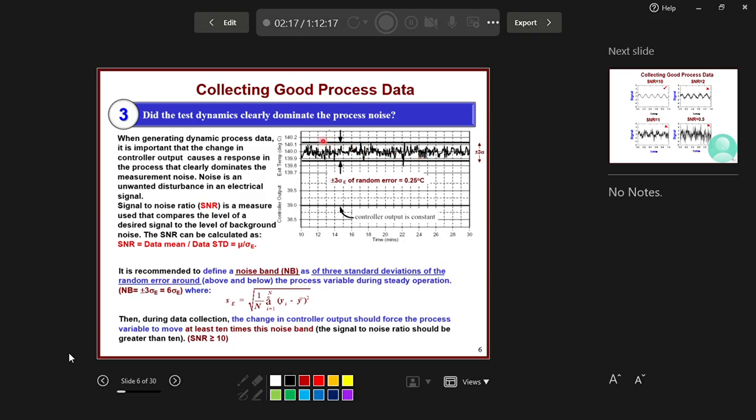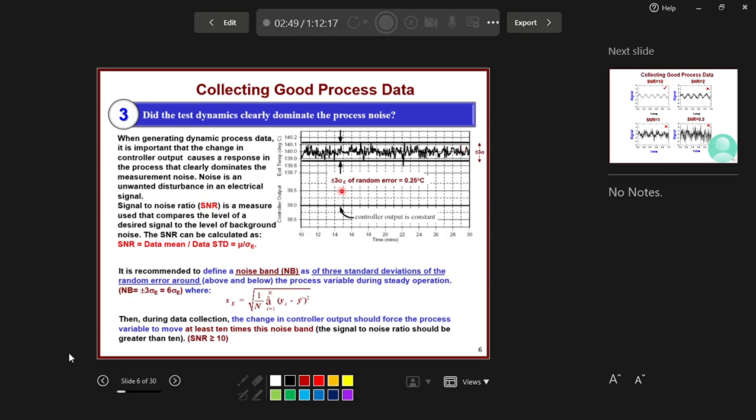So we define an upper limit and a lower limit. The signal in between is called the noise band. And this is defined as 3 times the standard deviation of the random error surrounding it. So we take the standard deviation, multiply it by 3, and this will be the noise band. So from the top it is 3 sigma, and from below it is 3 sigma. So the total will be 6 sigma. Okay, this is called the noise band.